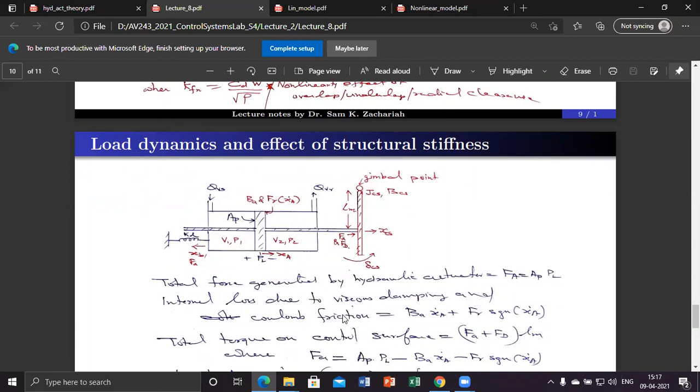RLV is also like an aircraft only. So this is directly from an RLV actuator, the RLV Elevon actuator. The hydraulic actuator is controlling the control surface; the cut section, the side view of the control surface is given.